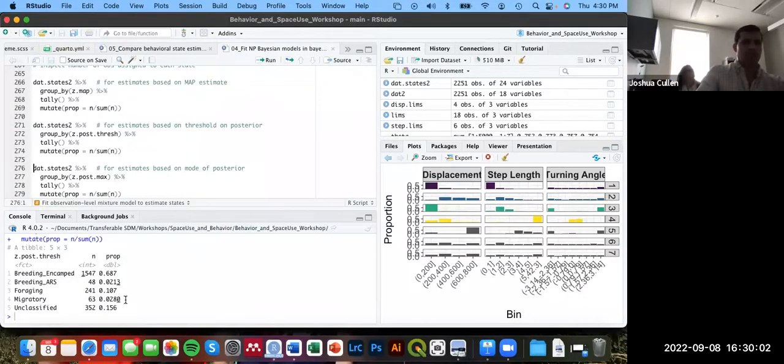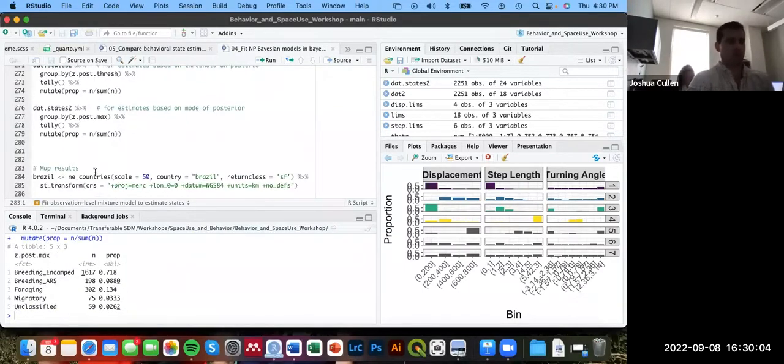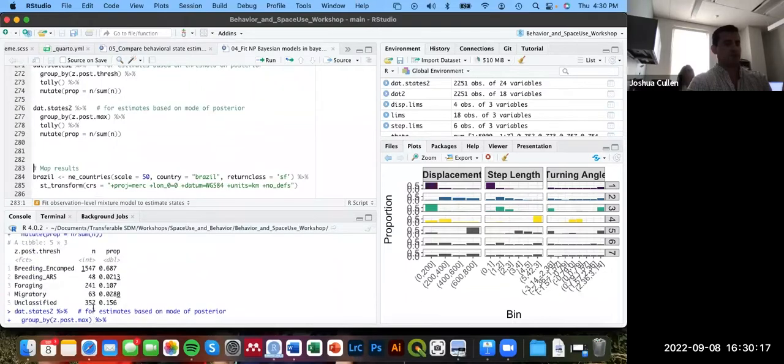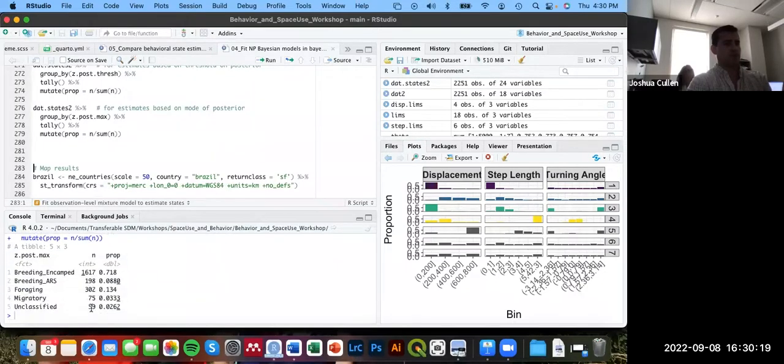And then the last one is the maximum proportion. And we see that there's more assigned to this encamped state. And some of these have been slightly modified, with still some unclassified behaviors, but not as many as the threshold approach.